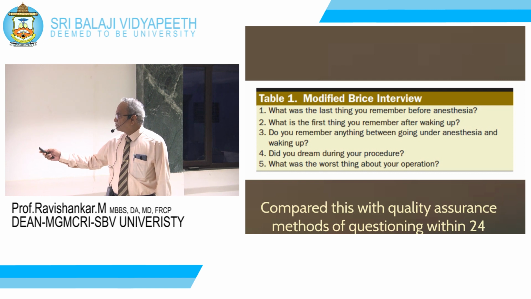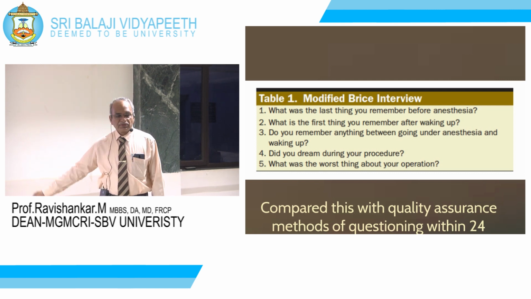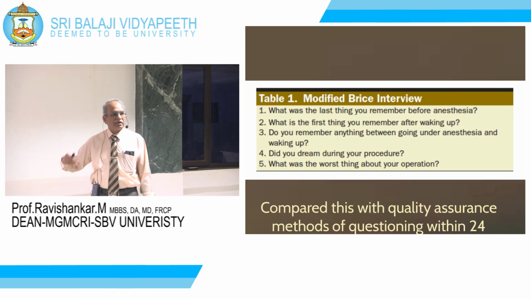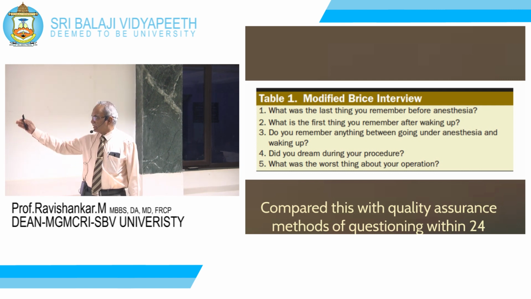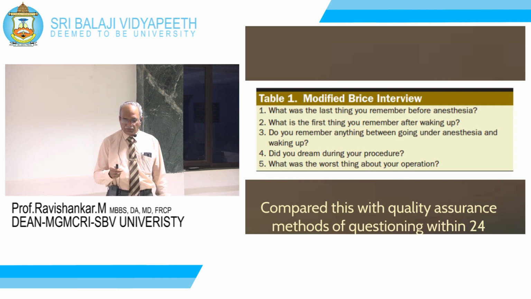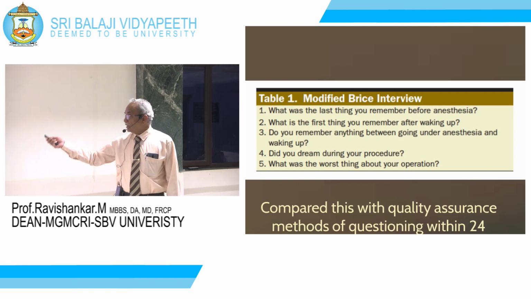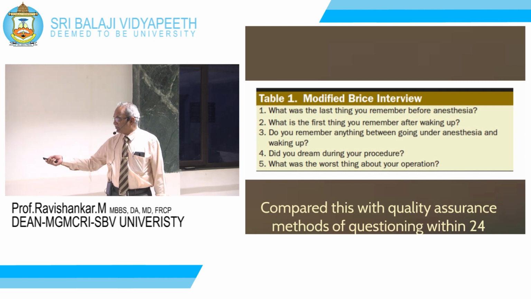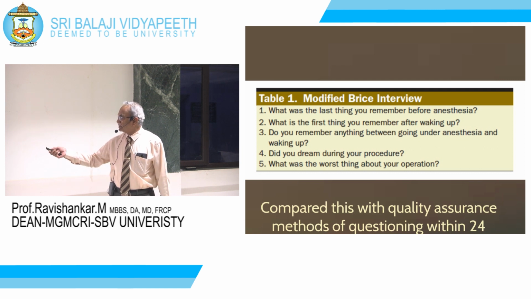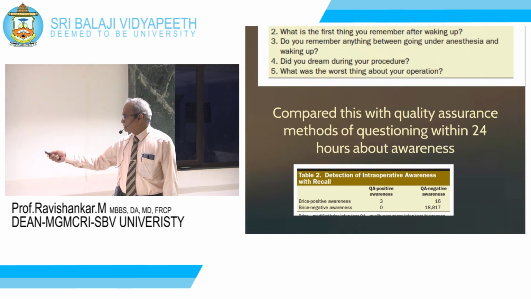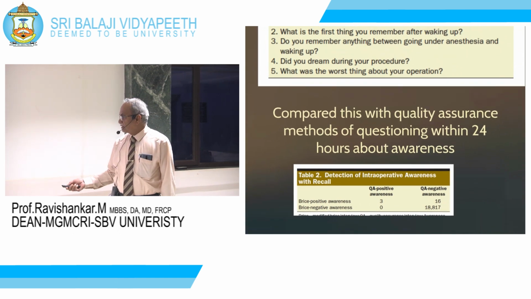And this Brice questionnaire was introduced in 1970. It was published in 1970, but people started using it only after 1990 and 2000 for identifying intraoperative awareness. And this was compared with the quality assurance method of questioning within 24 hours of awareness. So what did they find?